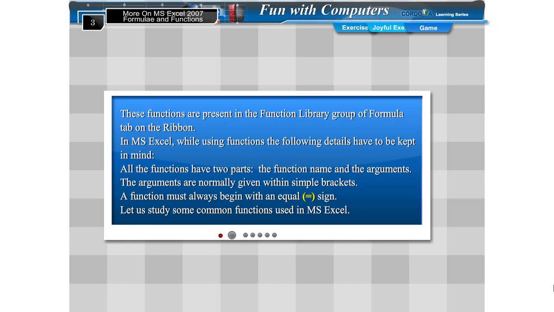While using functions, the following details have to be kept in mind. All functions have two parts: the function name and the arguments. The arguments are normally given within simple brackets. A function must always begin with an equal to sign. Let's study some common functions used in MS Excel.